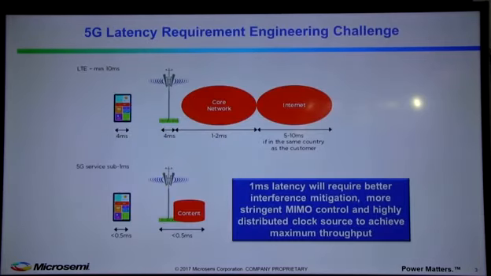Some of the challenges in the 5G network are around latency. First, in the LTE environment, we have up to 10 milliseconds of latency between the mobile phone and the content. Latency is injected into the signal by the core of the network and at the edge of the network. Most of the latency is at the edge of the network.